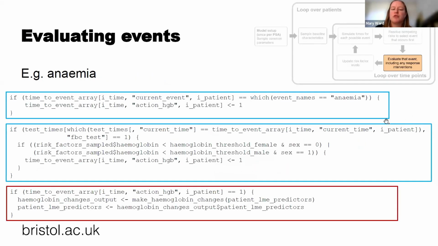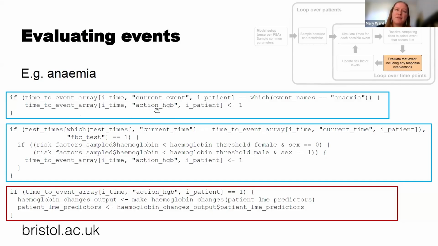The other more complicated step in the model is the evaluating of events. For example, an anemia can either happen as an event from the survival model, which is in this blue box at the top. If that is the event that happens, we'll then trigger this action called action HGB, for action hemoglobin.